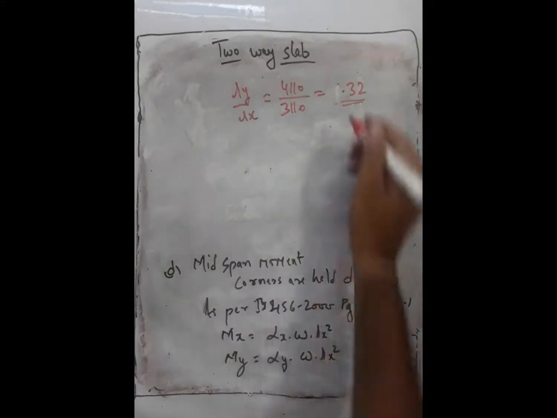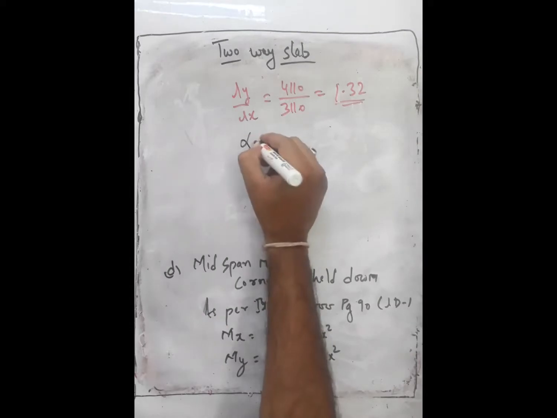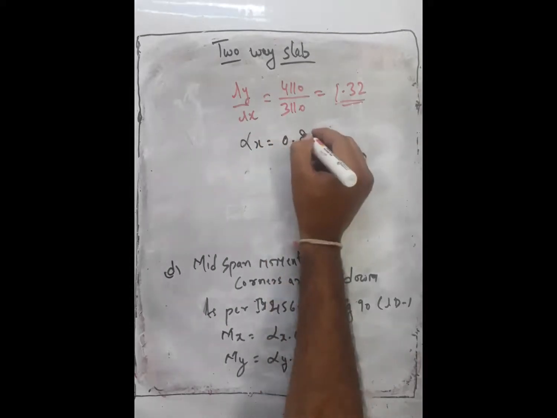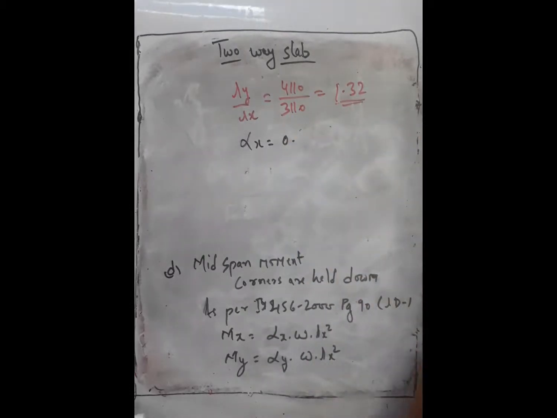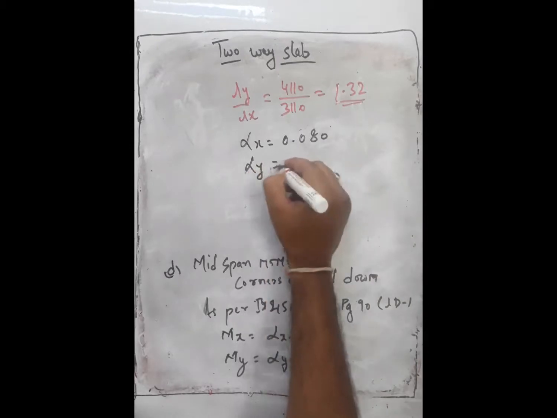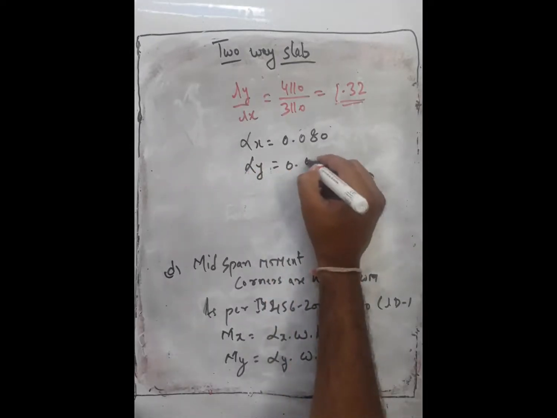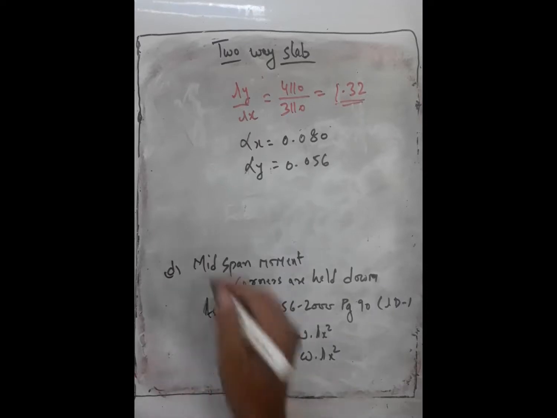So after interpolating, you get alpha x is equal to 0.080 and alpha y is equal to 0.056. Now put these values in our equations for Mx and My.